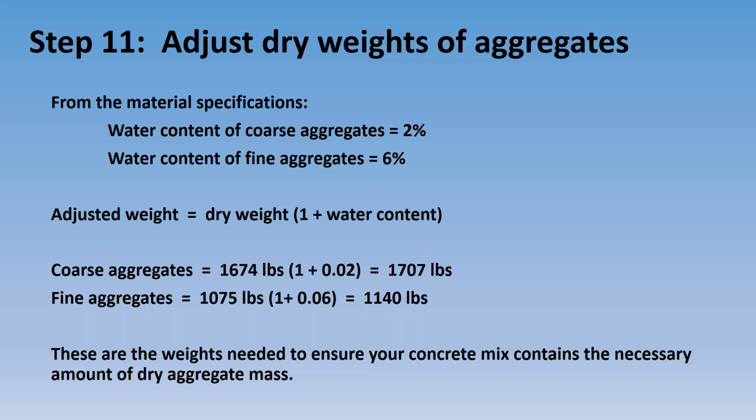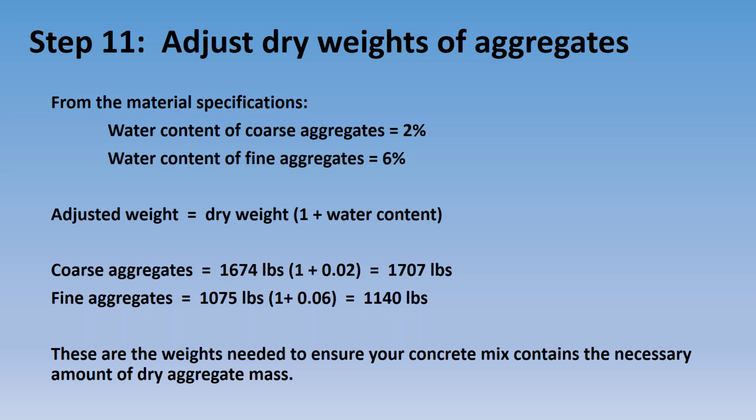For coarse aggregates, we need 1,674 pounds of dry rocks. We're going to multiply that by 1 plus the current water content, which means we need to weigh out 1,707 pounds of these moist aggregates to guarantee we're getting 1,674 pounds of equivalent dry rocks.